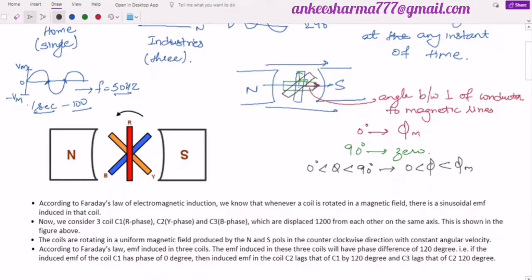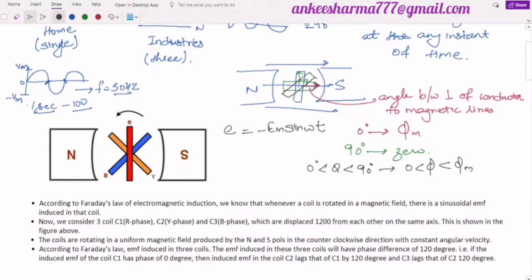and that magnetic flux will produce an EMF that is given by e = -Em sin(omega t). Right? So this Em depends upon the magnetic field: if the field is strong, the value of B will be large, so this Em will be different.